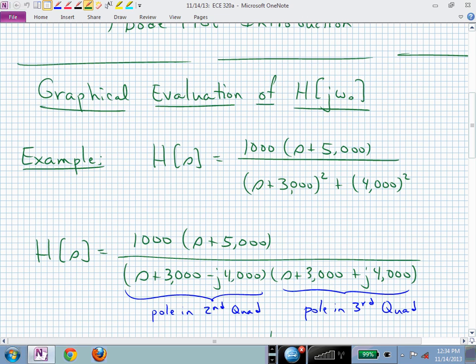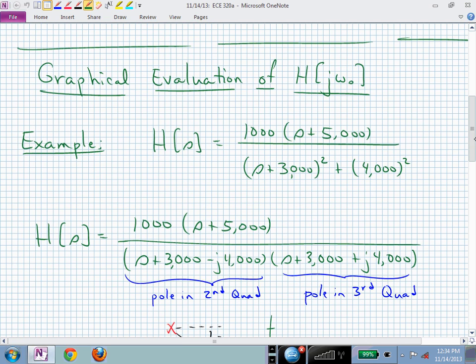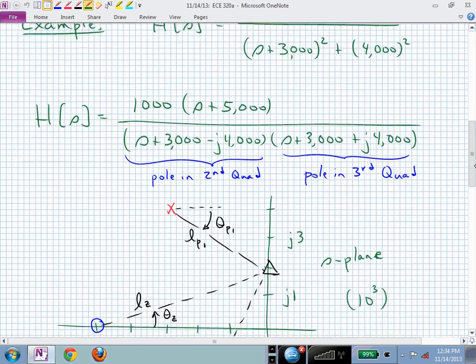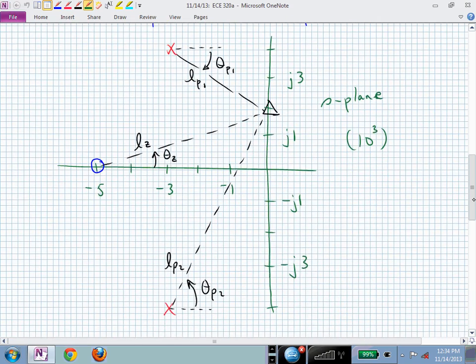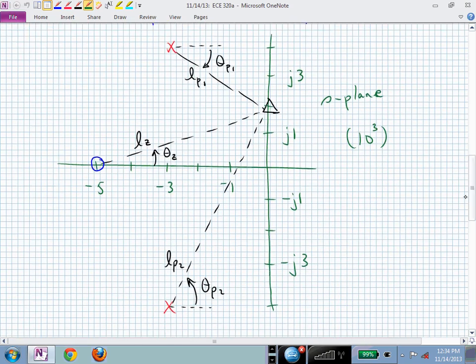I think last time we did quickly go through this particular example. We may have done it at a frequency of omega naught equal to 5,000. Let's look at it for a different frequency. Now the frequency is where I've indicated this triangle. It's now at 2,000 radians per second. It's j2 times 10 to the third.